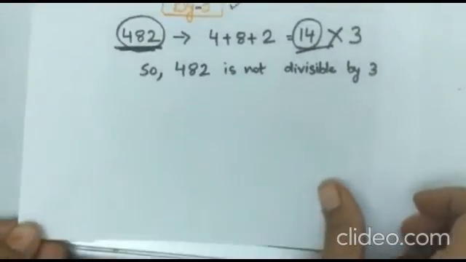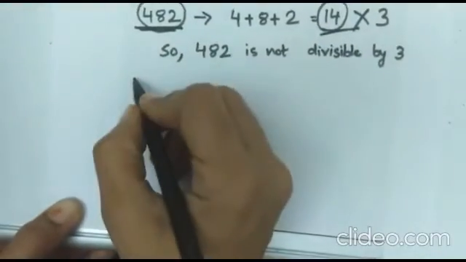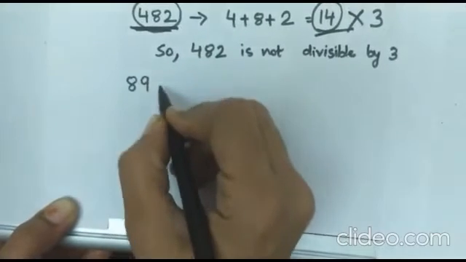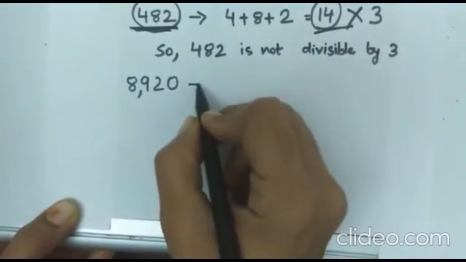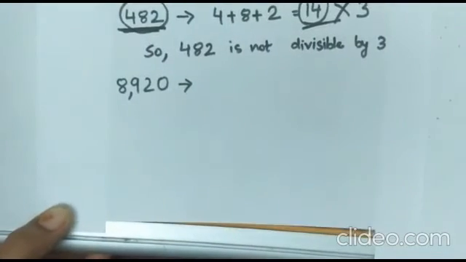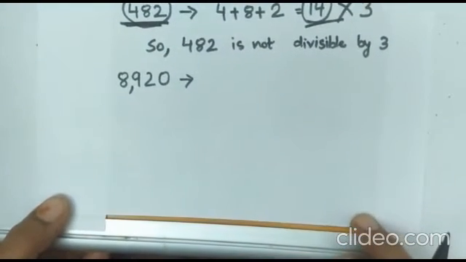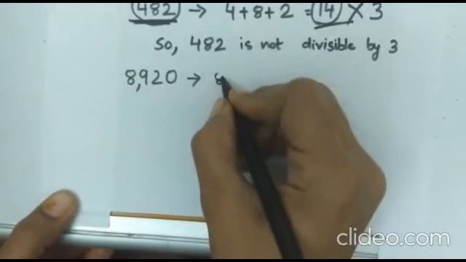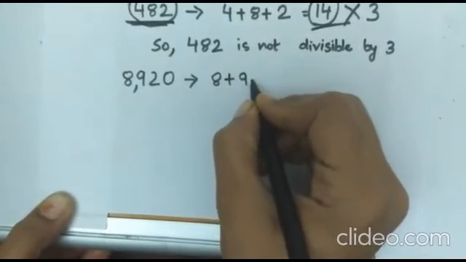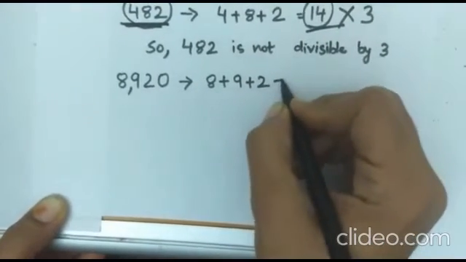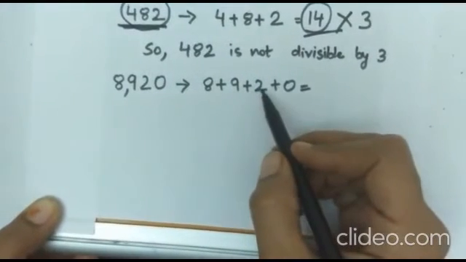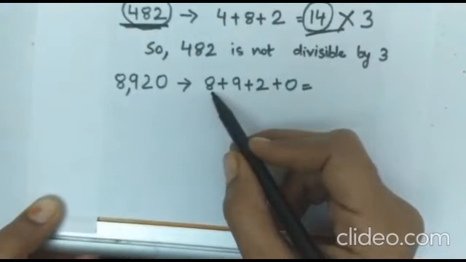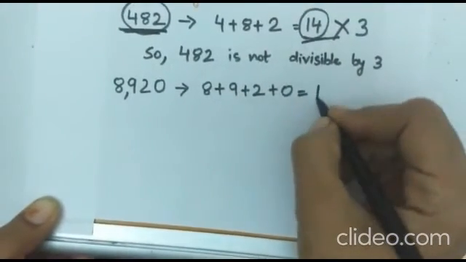8920. What we will do? Yes, we will add the digits. 8 plus 9 plus 2 plus 0. 9 plus 2, 11. 11 plus 8, 19.